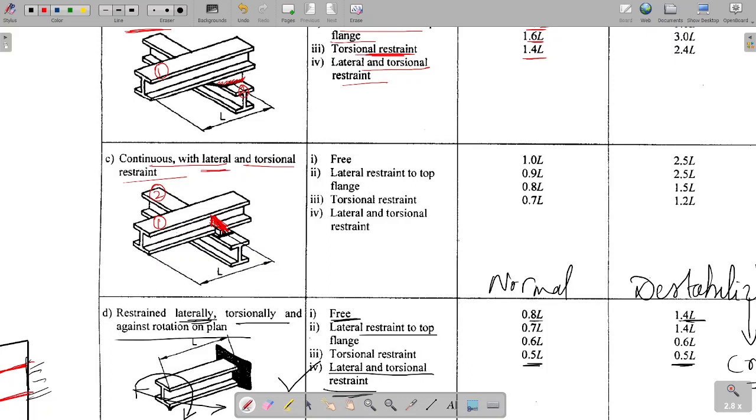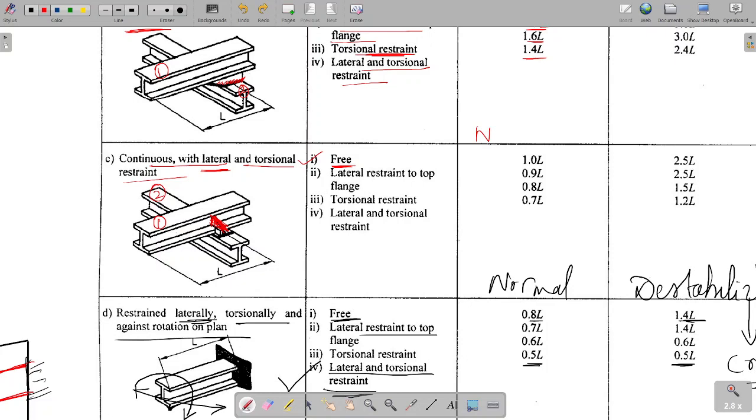So there is lateral restraint also, because ये lateral restraint provide करेगा, okay, at support. So again at top अगर free है, ठीक है, other than at support, if the top flange is free, then 1L, okay, then 1L.